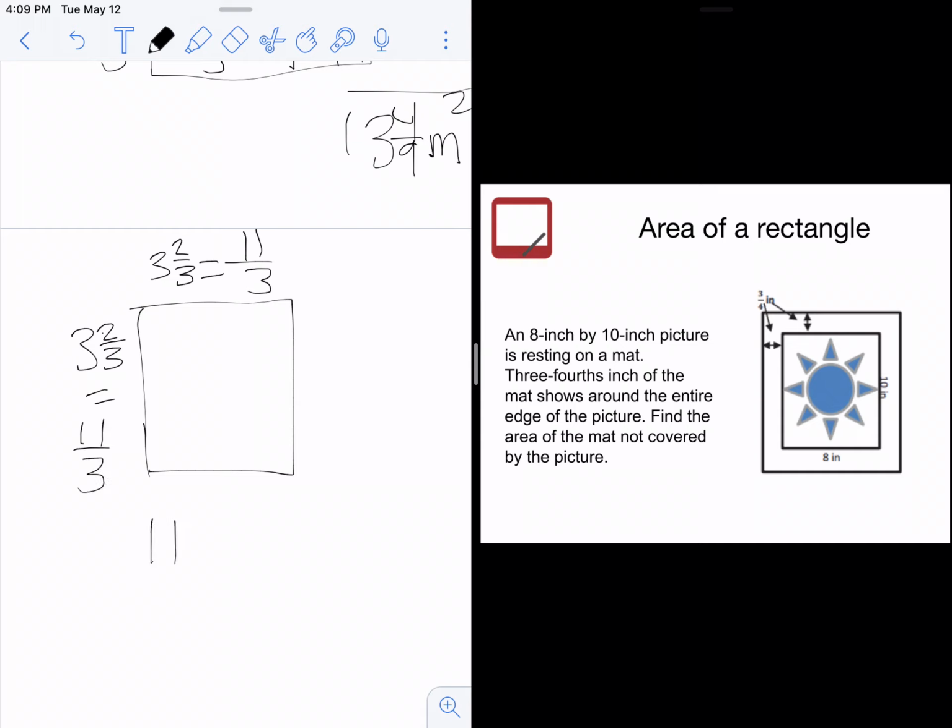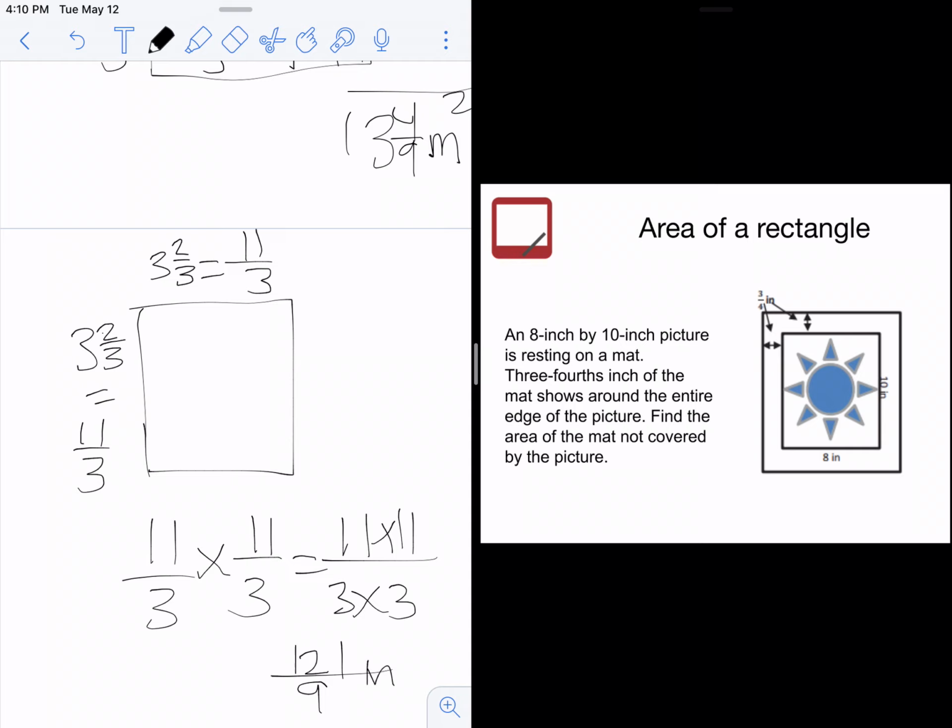You have 11/3 times 11/3. So you have 11 times 11 over 3 times 3. 11 times 11 is 121. 3 times 3 is 9. And there's your answer, 121 over 9 meters squared.